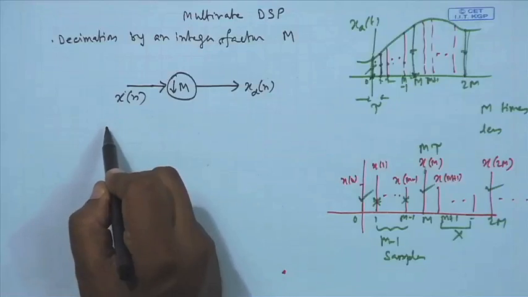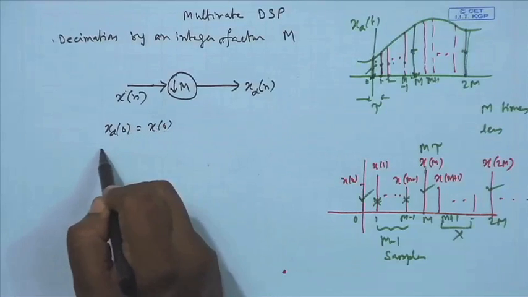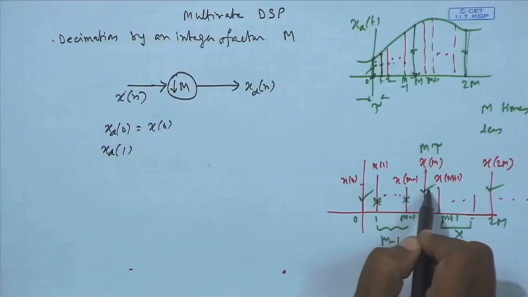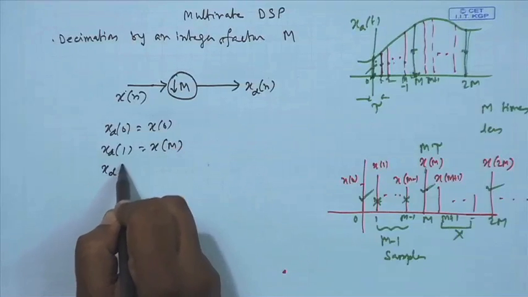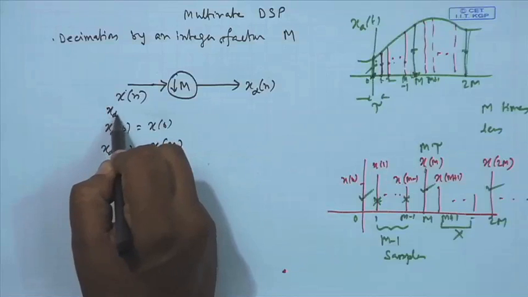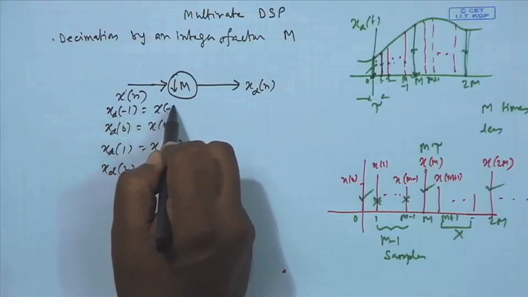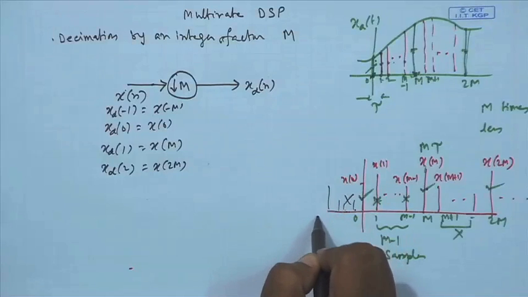So, now xd[n] means xd 0th sample will be the original 0th, xd first sample will be the original mth, xd second sample will be the original 2mth, xd minus 1th sample will be the original minus mth, because the samples in between I will throw away and then I will take from minus mth.